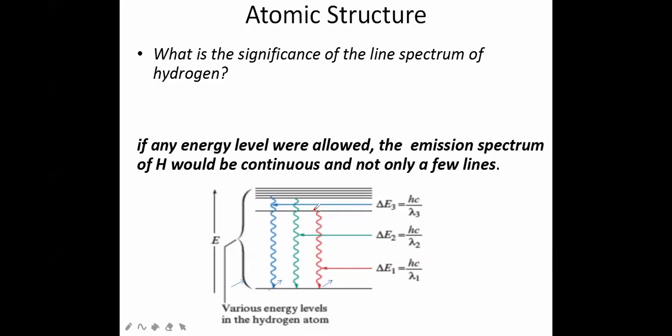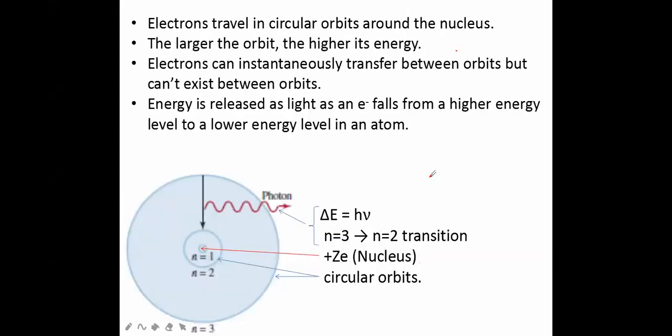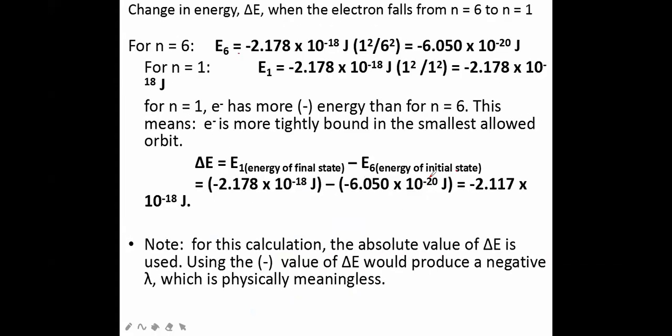Moving from 2 to 3, it will gain energy too. Here we're trying to see the energy an electron has lost moving from 6 to 1. It had a lot of energy in level 6. Now, as it has come to level 1, it has lost energy.